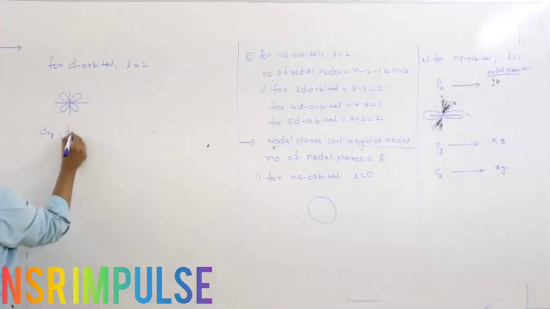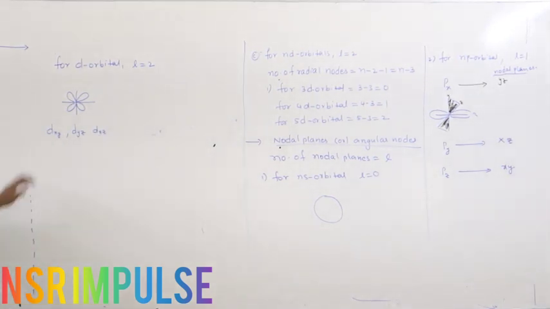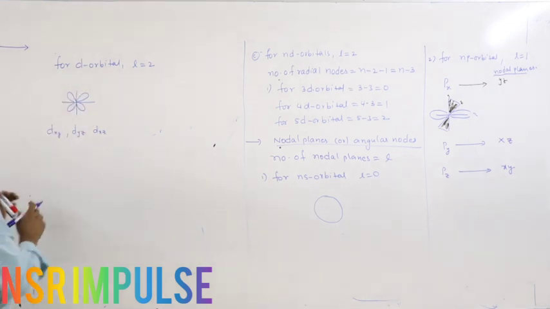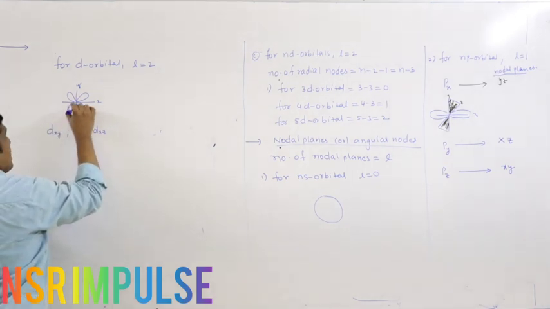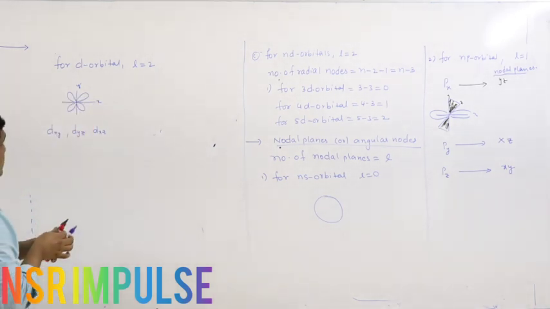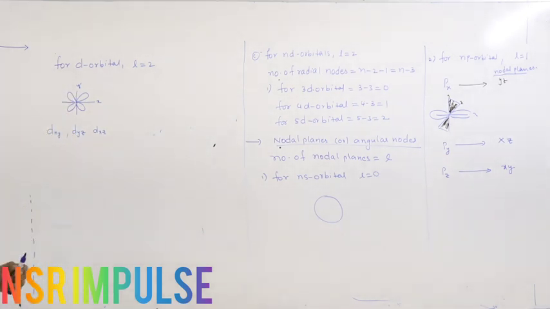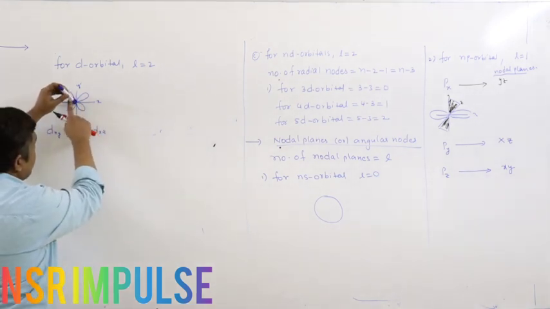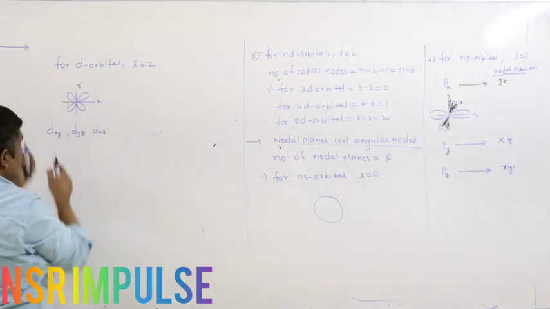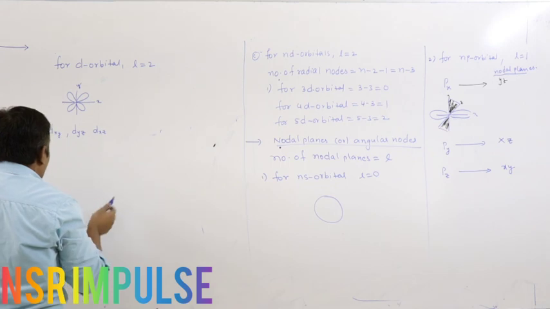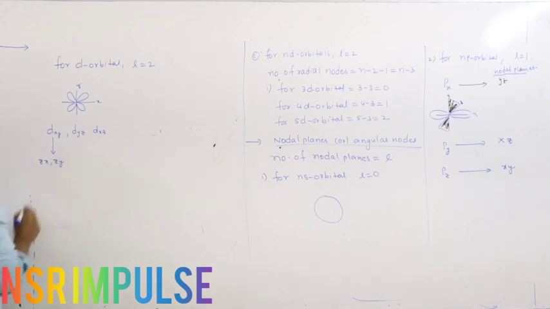If I consider dxy, this is the x and y axis. You can imagine some z axis here, then the lobes orient in between the x and y axis. The xz plane and yz plane don't have any lobes. So for dxy, the nodal planes are the zx and zy planes.